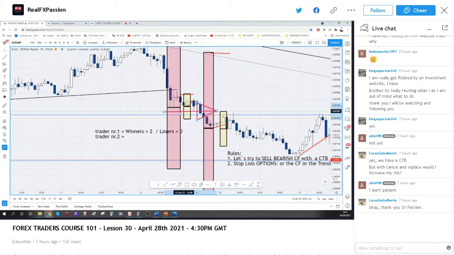Somebody else, like me, for example, this would be stressful, or maybe I'm not that good to spot entries, and I would go with the higher stop loss level, not higher risk, everybody. Don't confuse the two, not higher risk, but higher stop loss.